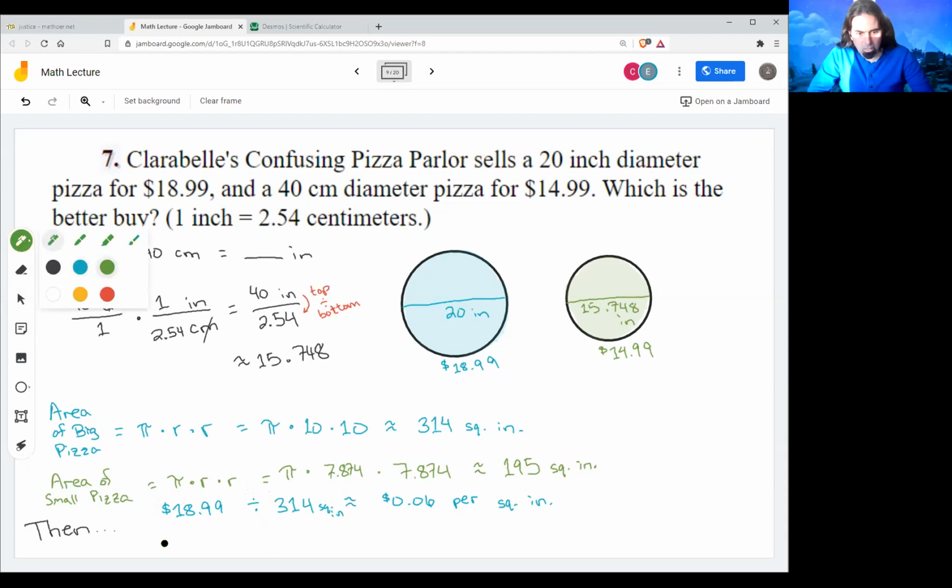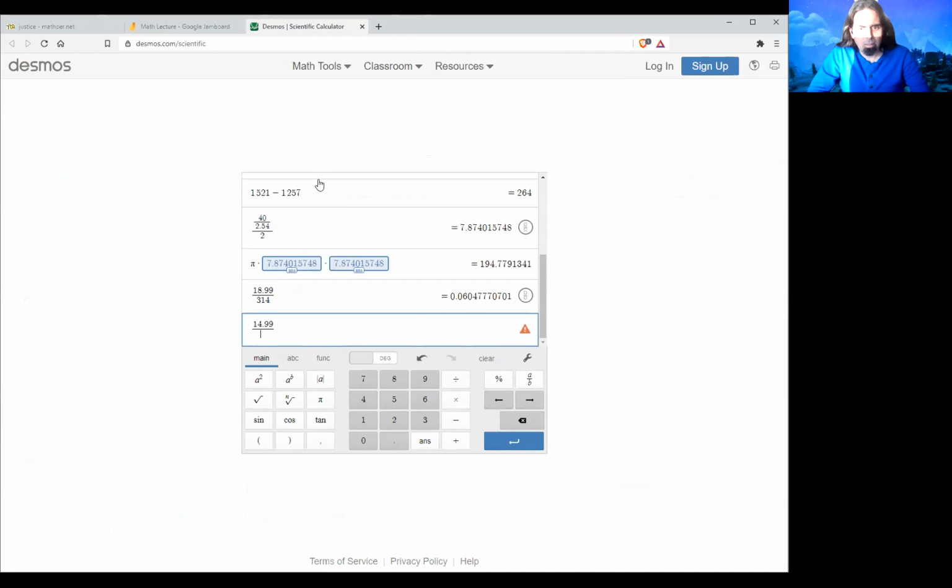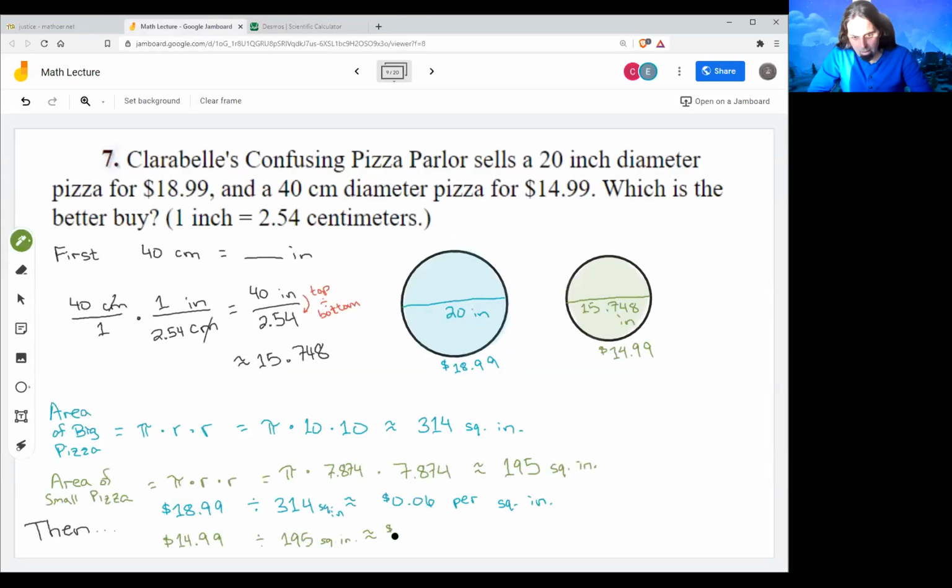And the small one is $14.99 divided by 195 square inches. 14.99 divided by 195 is about 7.7, so like 8 cents per square inch if I'm rounding.